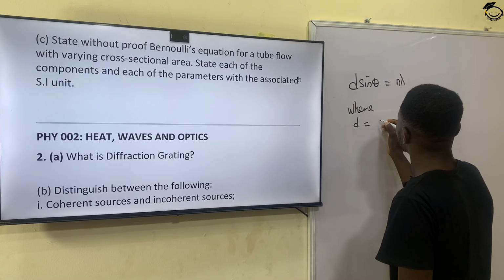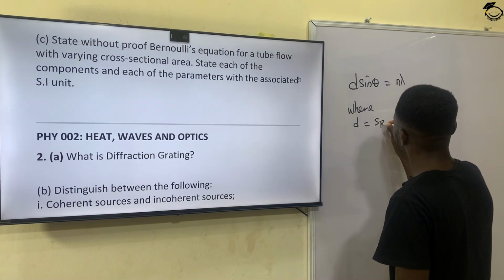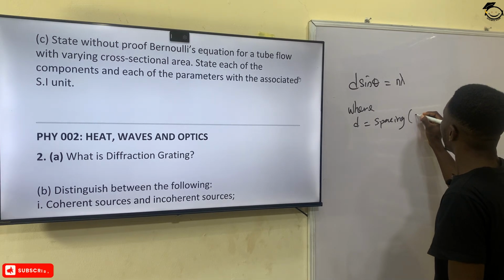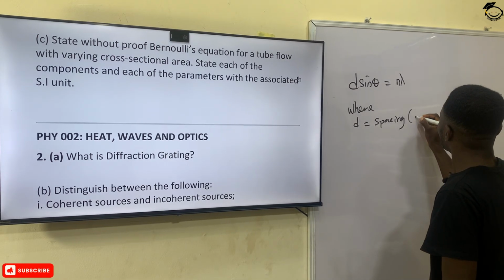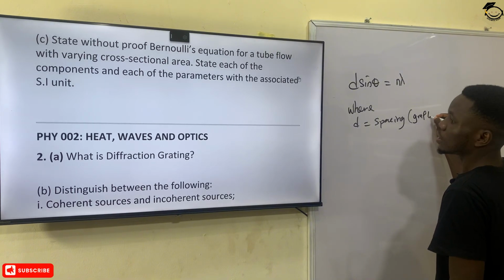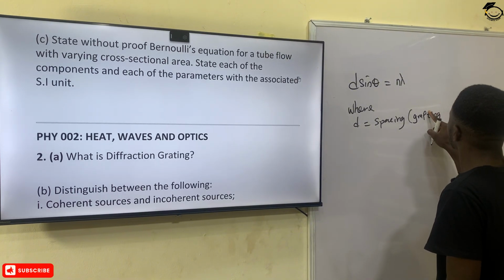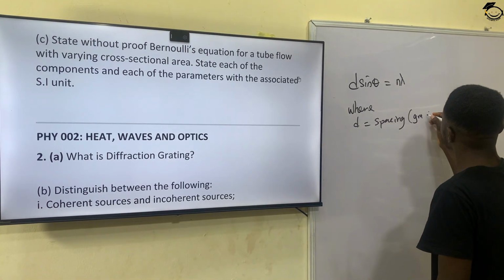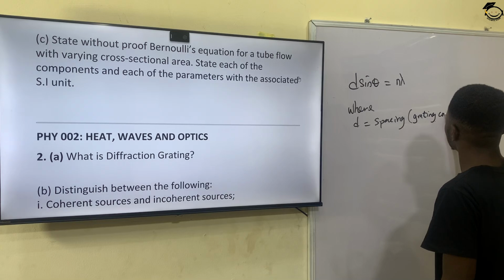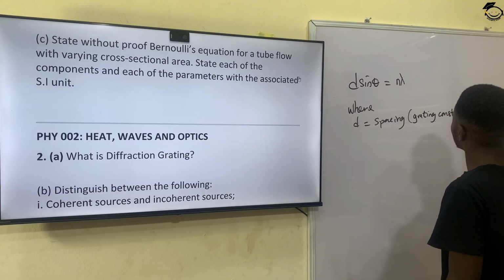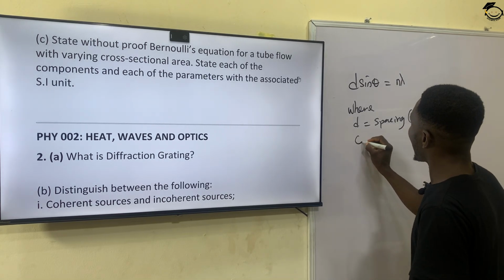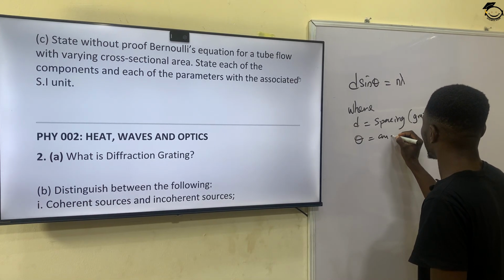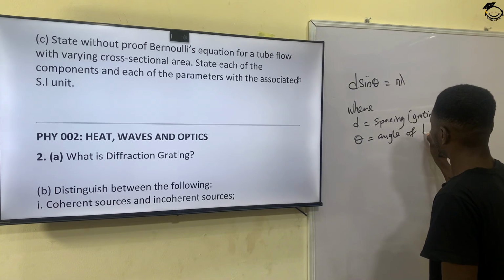d is your spacing, also called your grating constant. So the grating constant is also called d. We have our theta here as the angle of diffraction.